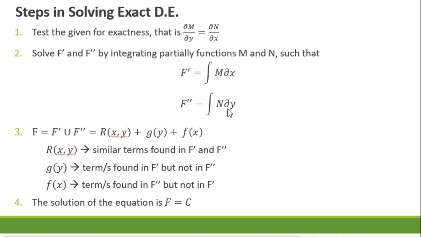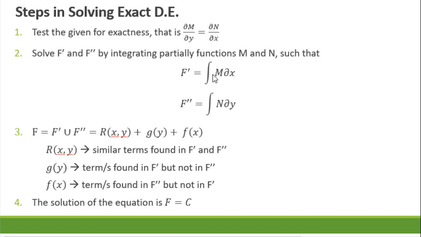So please observe carefully the difference. To test for the exactness, you are going to get the partial derivative of M with respect to y. In short, our independent variable here is y, while x is considered constant. Okay? But when you do the integration, you integrate M with respect to x.